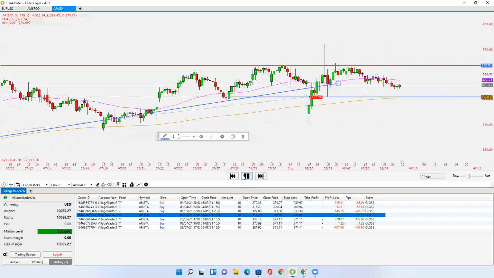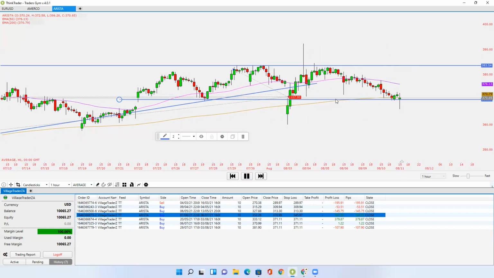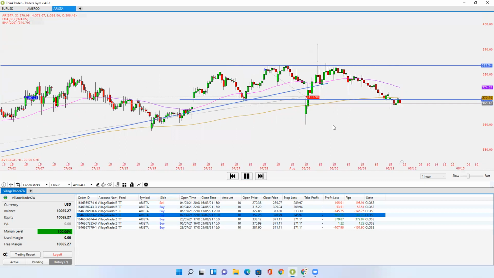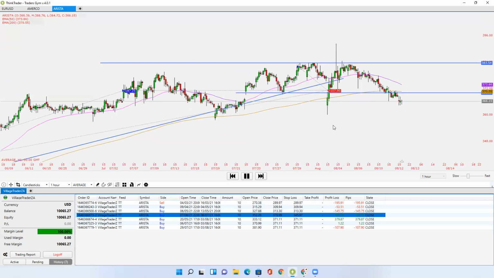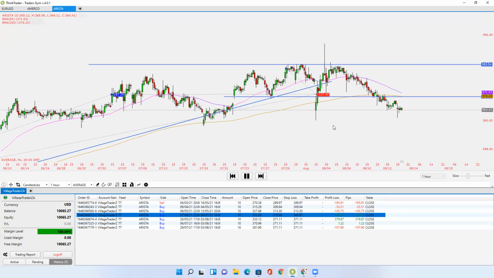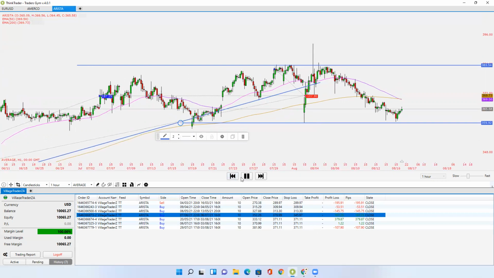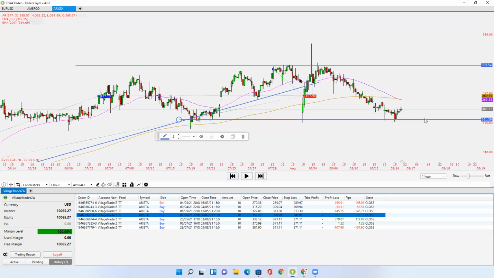Alarm bell starts to really go off. See. Looks like we're turning to the short side now. Let me pause. We have a death cross.